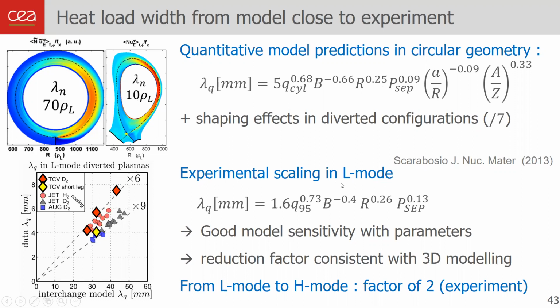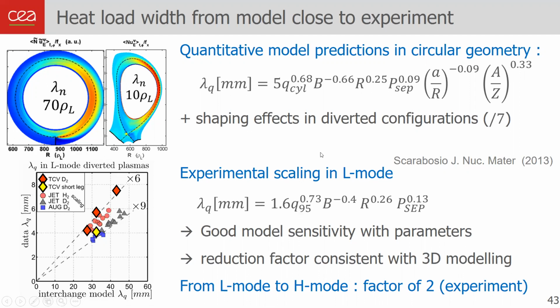Now, what you find from experimental scaling in low confinement mode, but shaped plasma like this, is that indeed decay lengths are more in the range of a few millimeters than a few tens of millimeters, and this model can predict that. But the good point is that the sensitivity from the experimental database is very close to what the model predicts.